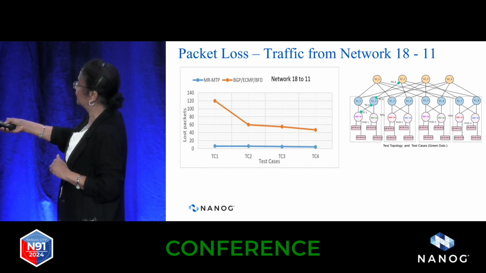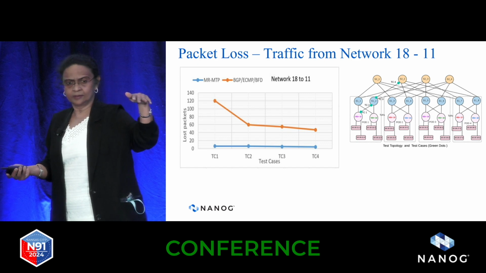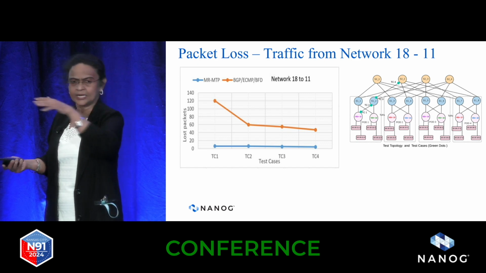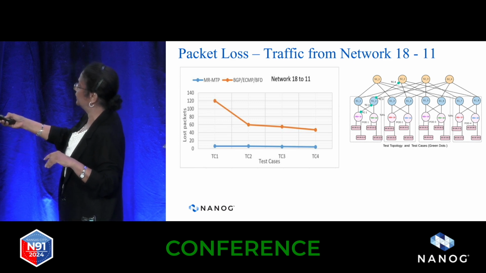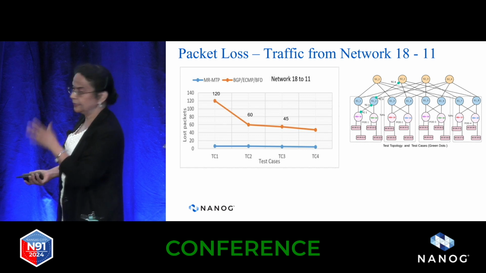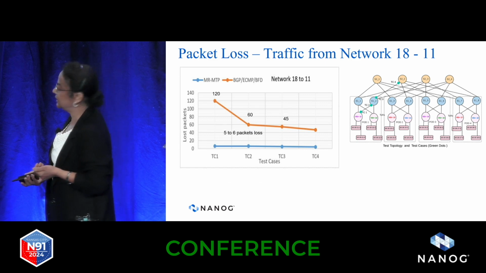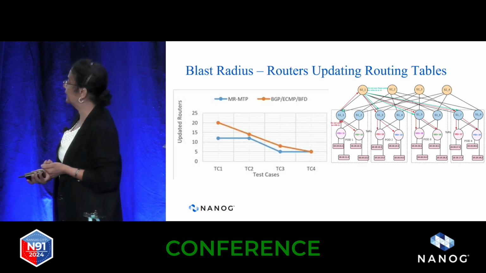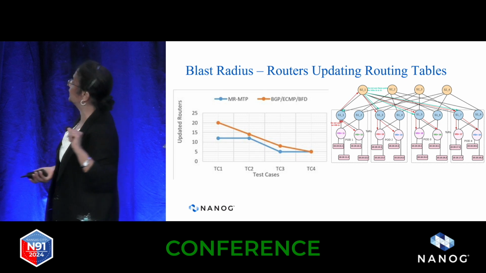Again, worth noting is the consistently low, very stable value for MR-MTP as compared to BGP. So I'm pulling out some of those values there. And for MR-MTP, we had only 5 to 6 packet loss. I can actually demonstrate this and show it to anybody who is interested.